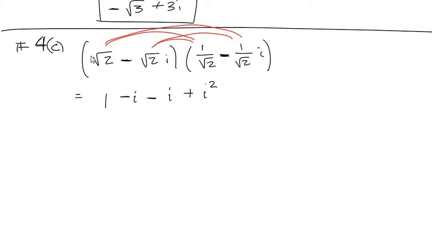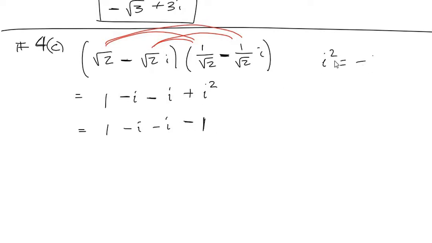Alright, so that part was just straightforward, doing FOIL. You don't even have to know what the i means to carry that out. Now, you do need to know what i means in the next step, because we're going to replace i squared with -1.